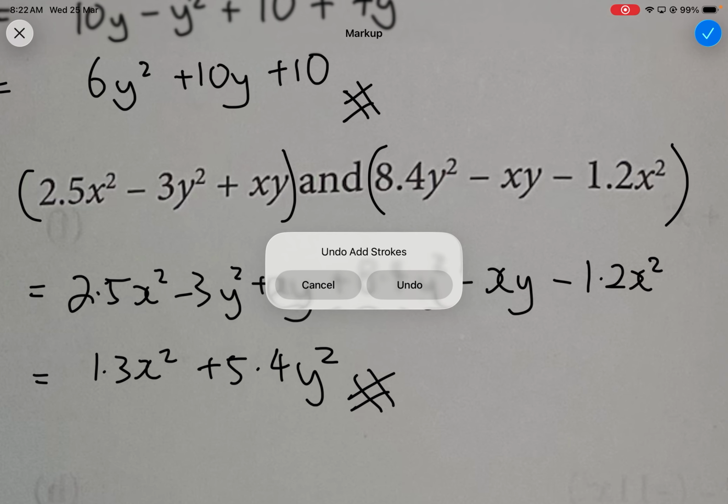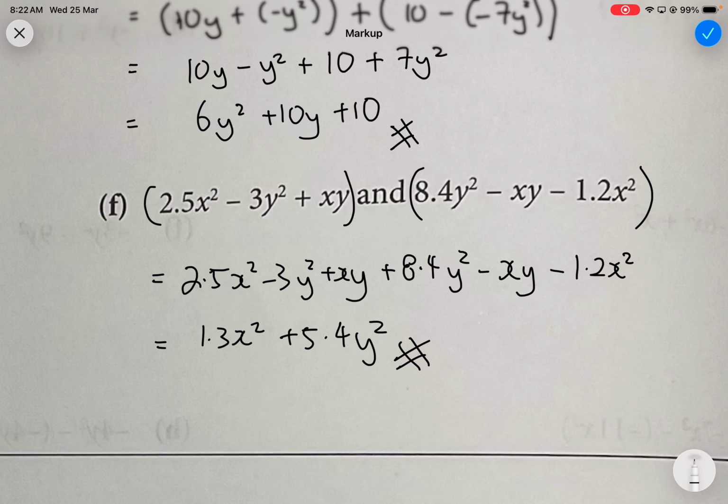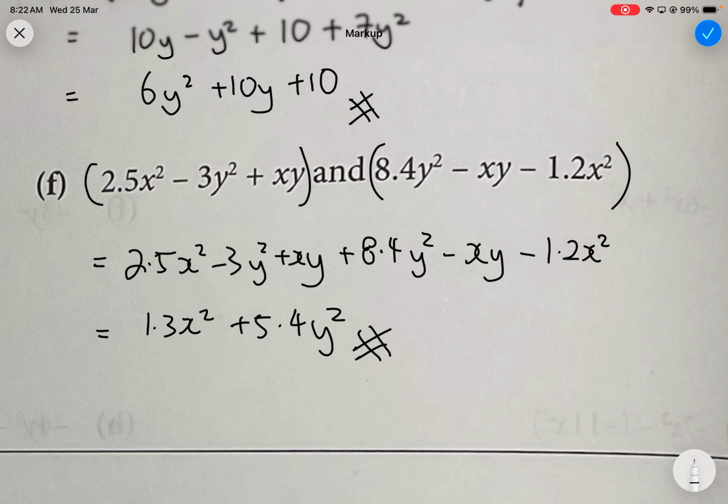Okay, we are subtracting this from this. So this one at the front minus this one. So again, you must have this bracket because you are subtracting everything here and they belong together.